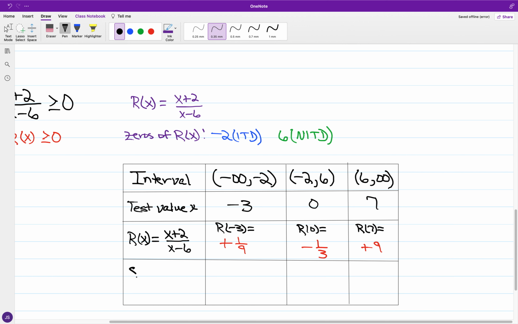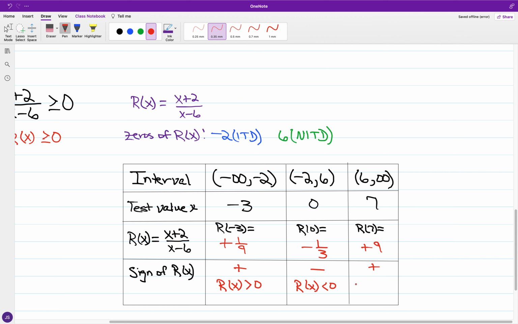And for the sign of r of x, I have a positive. So the r of x is greater than 0. Next we have the r of x is less than 0.